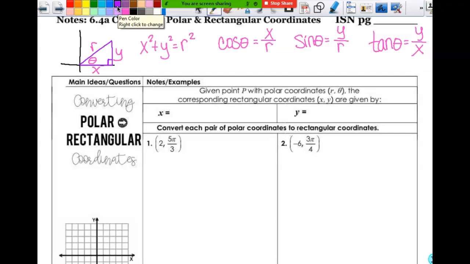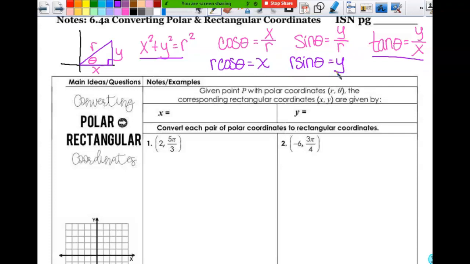All right, so then we're going to use this and this on the next part of what we do. Right now, we're just going to focus on these two, because if I take this and I solve for x, I'm going to multiply both sides by r, so I'll get r cosine theta equals x. Multiply both sides by r here, I get r sine theta equals y.